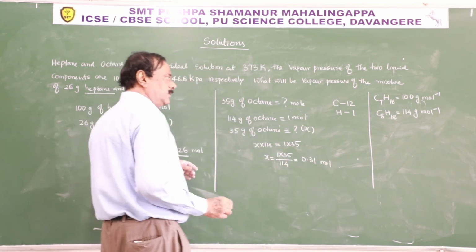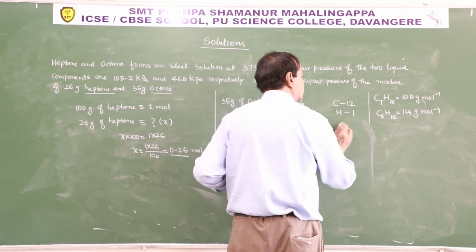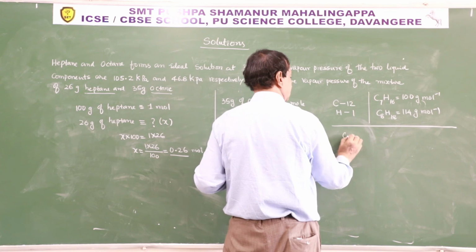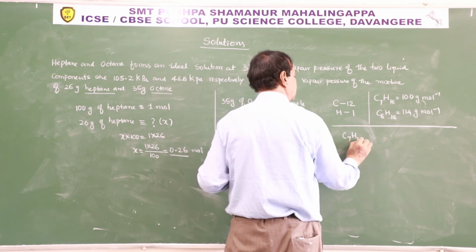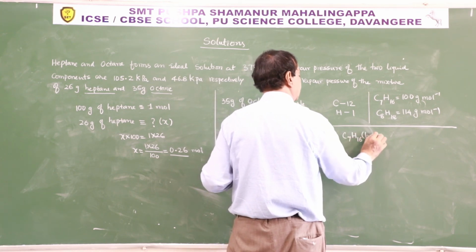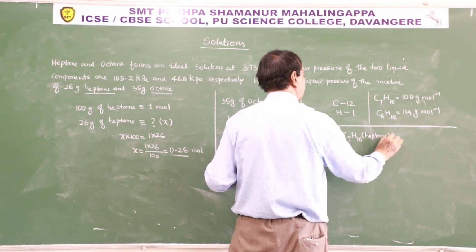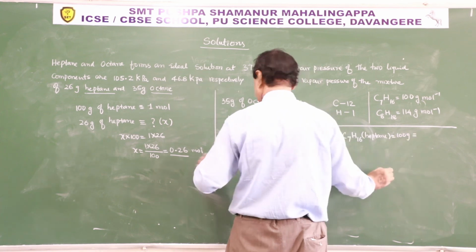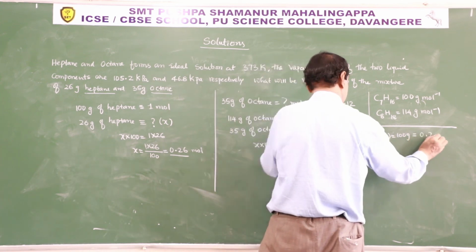Now the final conclusion is: C7H16 heptane, 26 gram, is equal to 0.26 mole.